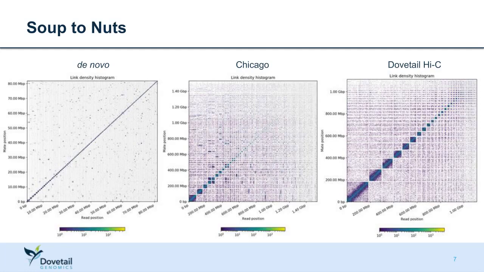These are what we see as characteristics of the Chicago data, that there are some scaffolds that seem to have some information of linking to other scaffolds. And what we could not resolve at the Chicago level, we will be able to resolve at the Hi-C level, because you need even longer range information to solve that.